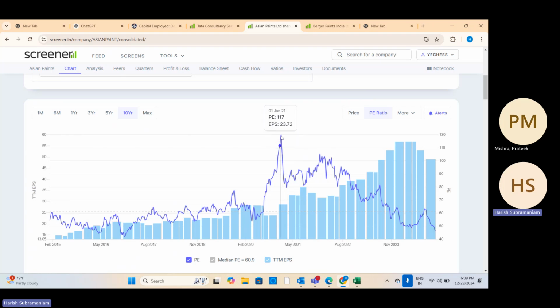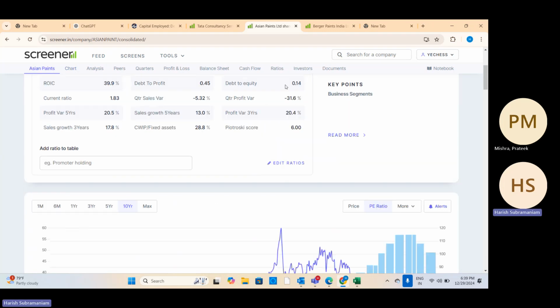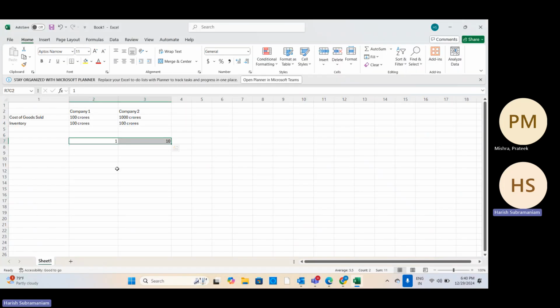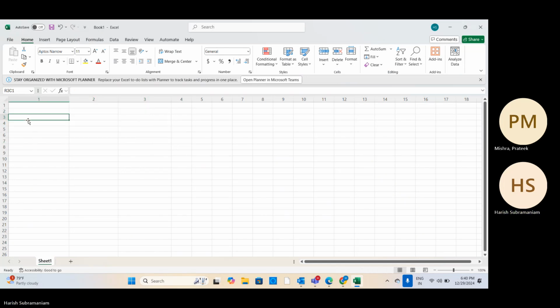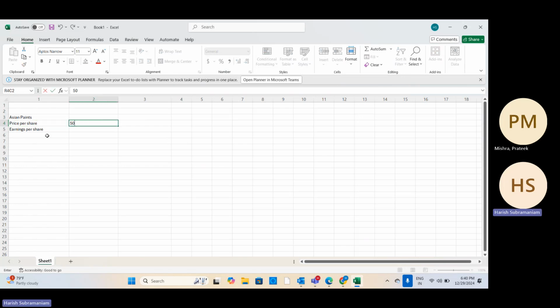So what is the price to earnings? Let's take the case of Asian Paints. We will look at what is the earnings per share and price per share. Asian Paints has a price per share, we'll not take the actual value, we'll take a hypothetical value of 5,000.